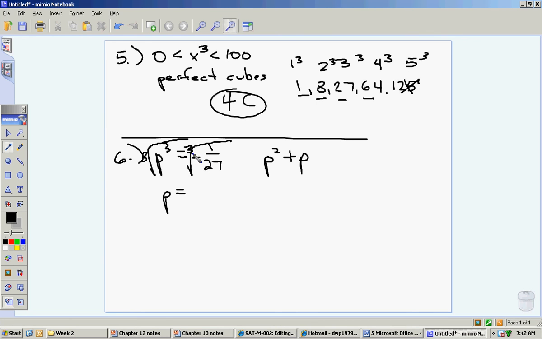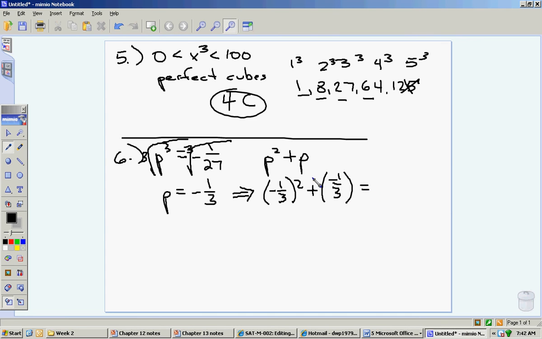So then all we have to do is plug that in. -1/3 squared plus -1/3. And that is going to give us, well, -1/3 squared is +1/9 minus 1/3.